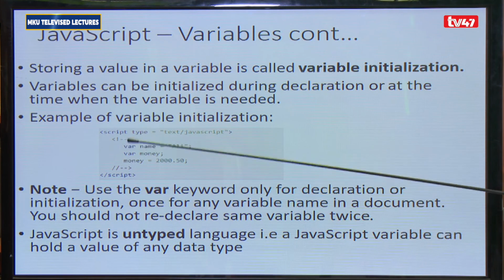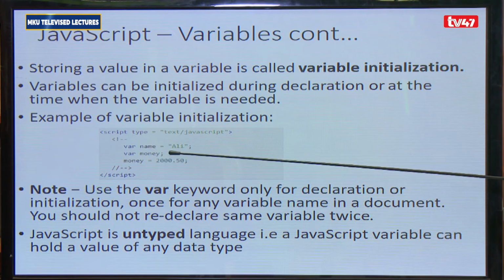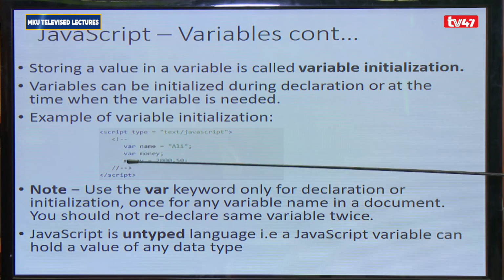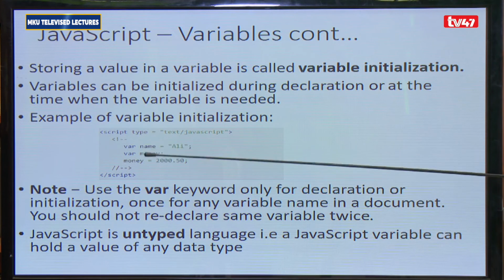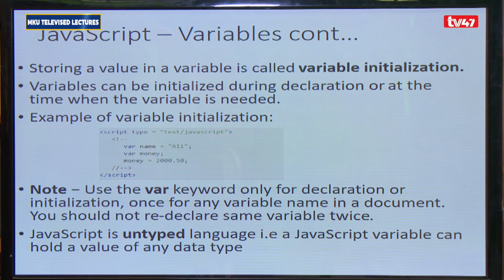You can do it at the declaration point, or you can just simply declare the variable and then in the next line or somewhere you want to use this variable, you now initialize. You don't have to use the var keyword again, no. It's already known that you have a variable called money, so you're simply assigning a value to it using the equal sign, which is the initialization and the value.